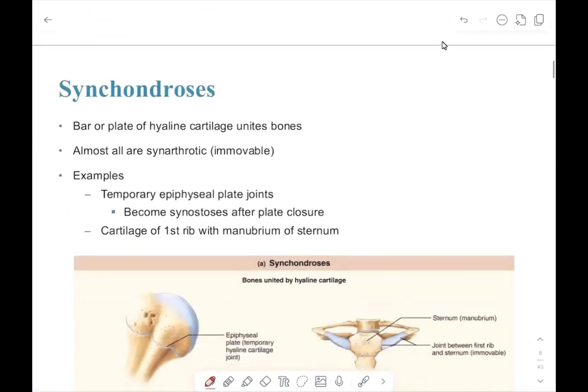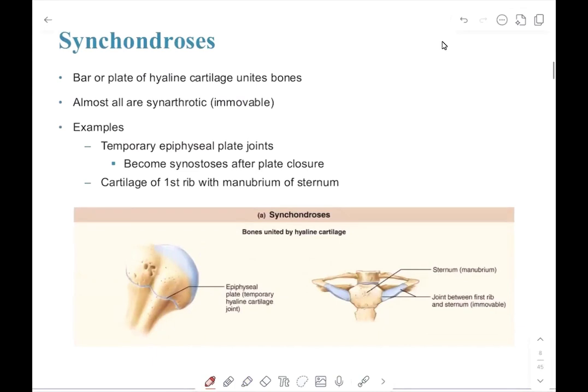When we look at the synchondroses joint, we can see a bar or a plate of hyaline cartilage that unites the bones. It's synarthrotic because it's going to be cartilage, and it's temporary cartilage. This is what you learned in Chapter 6 with the temporary epiphyseal plate joint.